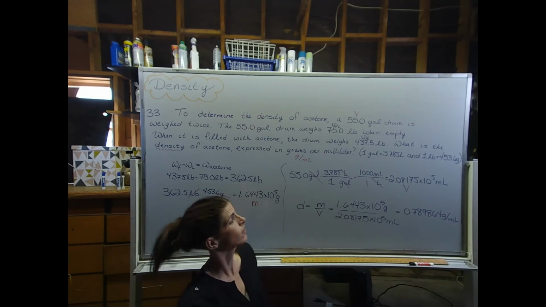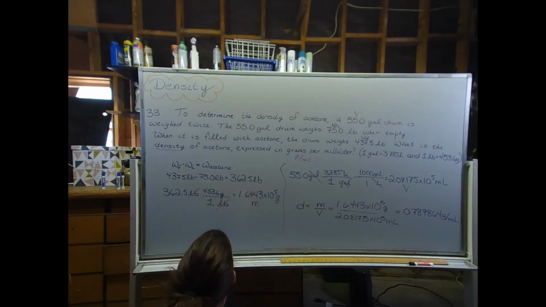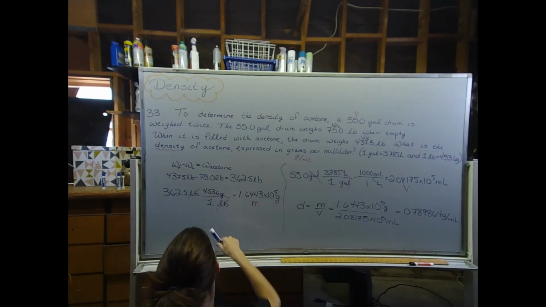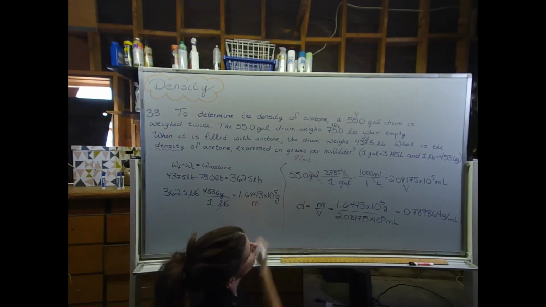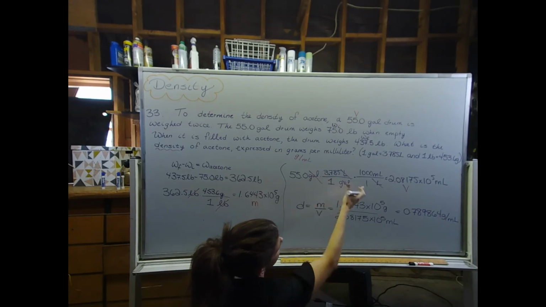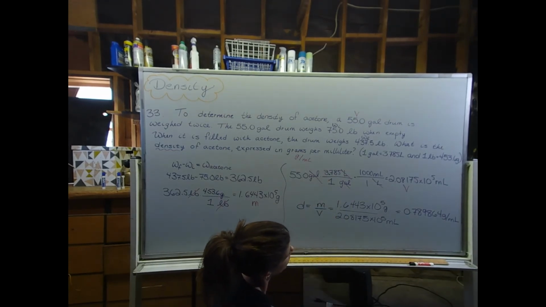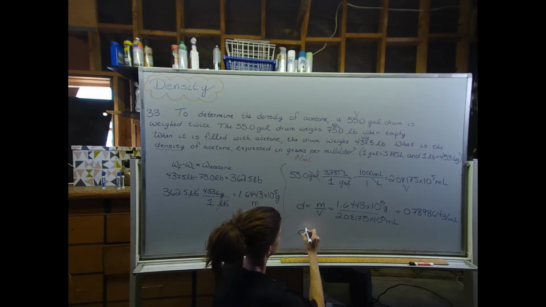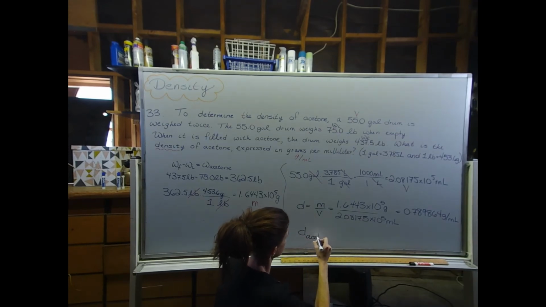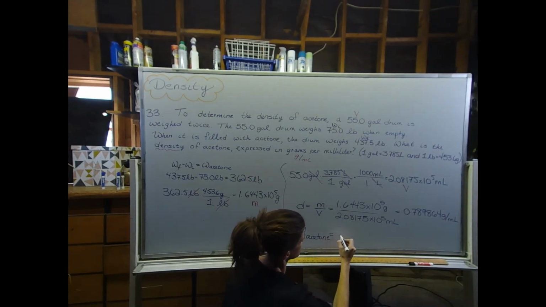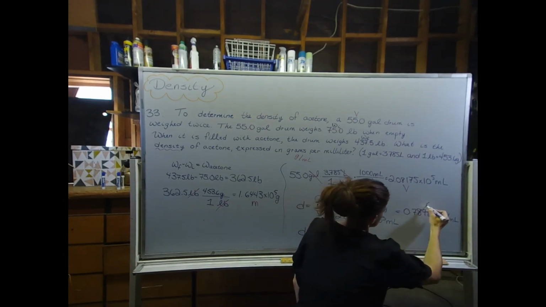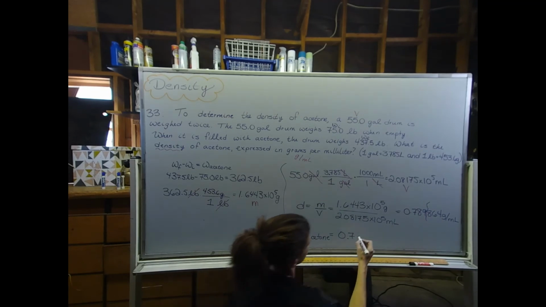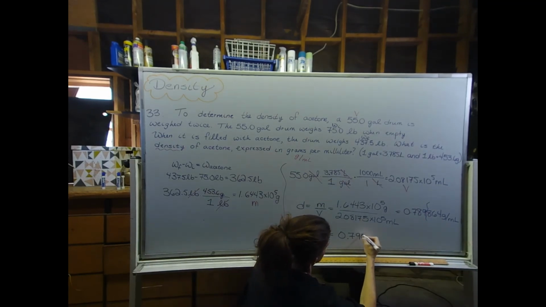We do need to look at sig figs. So much going on. This was all multiplication, right? So 4 sig figs over there, 3 sig figs, 4 sig figs, exact. So it looks like we only have 3 sig figs. So my final answer, the density of the acetone is equal to 0.7. So 3 sig figs, I'm going to have to round up. So I'll do 0.790 grams per mil.